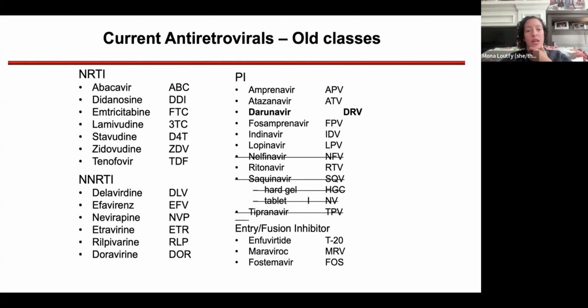I already told you protease inhibitors have GI side effects like nausea, diarrhea, metabolic, so like high cholesterol, diabetes. NNRTI, the class-specific side effect is rash. And then the NRTI side effect is mitochondrial toxicity.